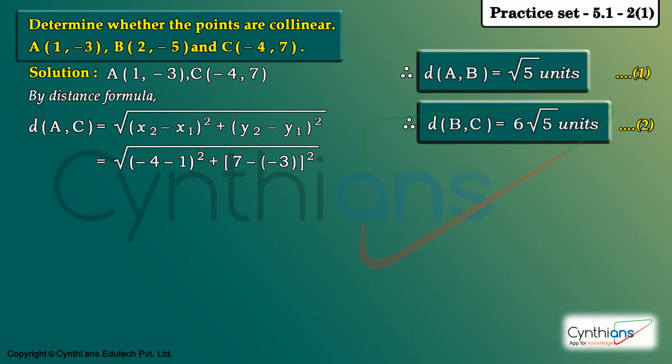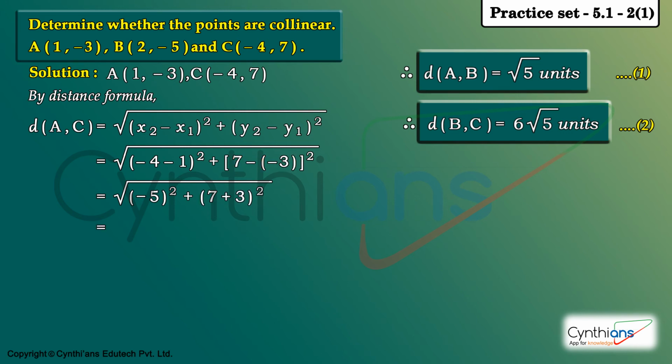Next step, equal to square root of minus 4 minus 1 gives us minus 5. Minus into minus plus 4 plus 1 is 5. Sign of the greater number is minus. So this is minus 5 square plus 7 minus into minus 3 gives us 7 plus 3 the whole square.